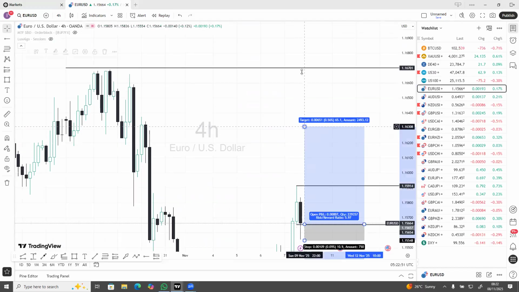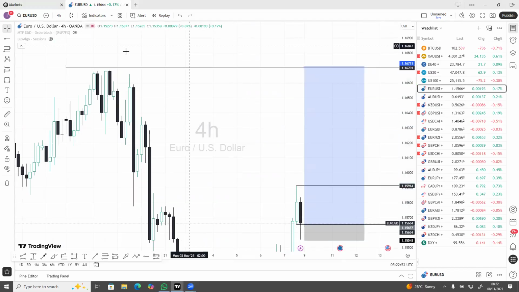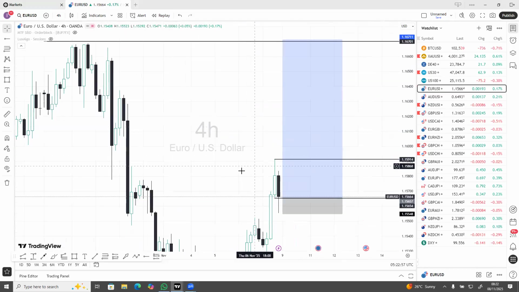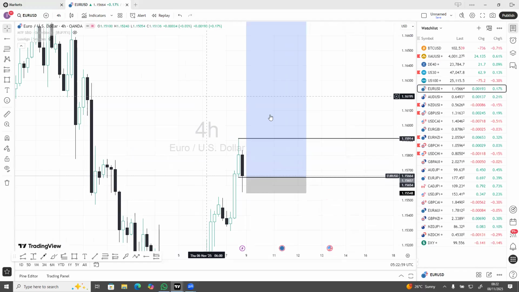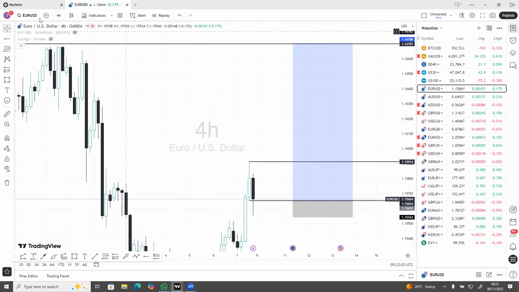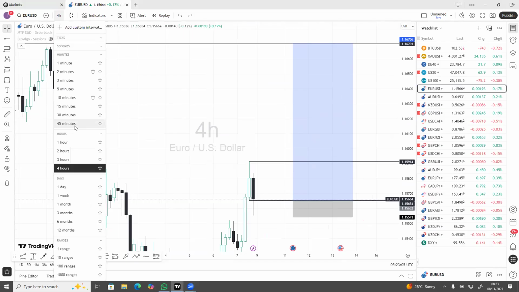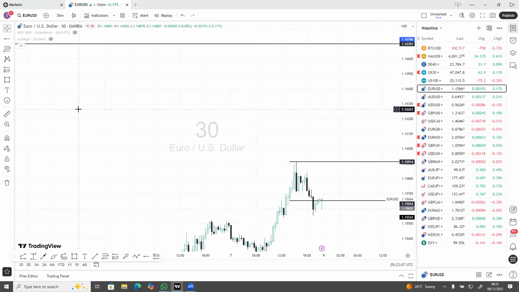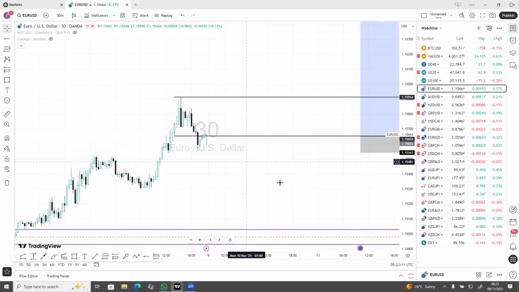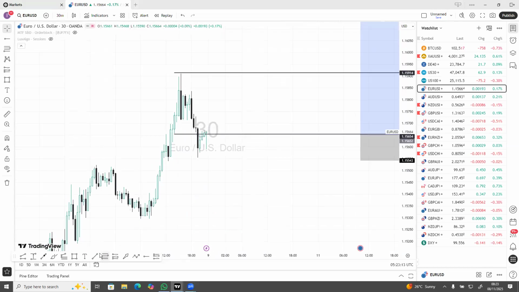Next week we will take a buy, and the target will be up there at that strong liquidity level. That will be our target. Now let's go down to the lower time frame to look for another entry, maybe on 30 minutes. On 30 minutes you can see a structure created.